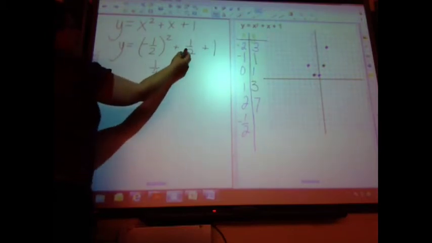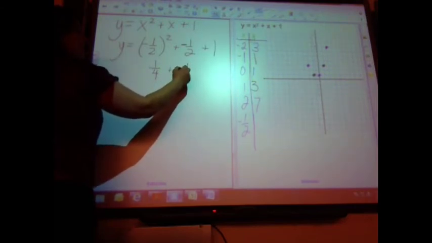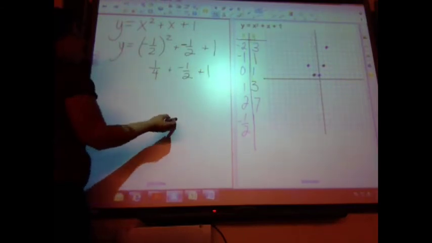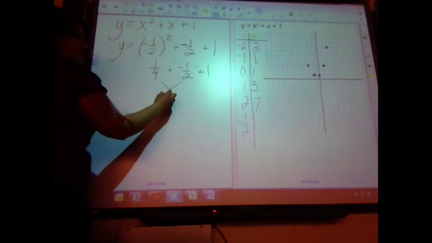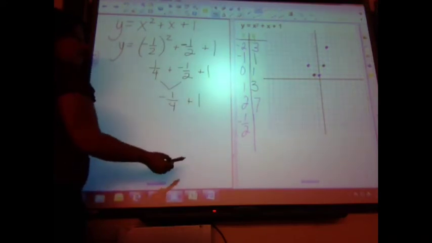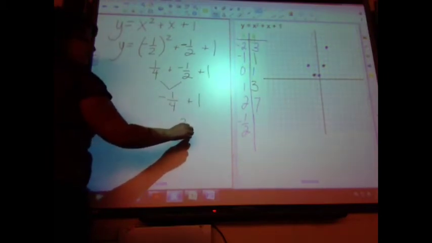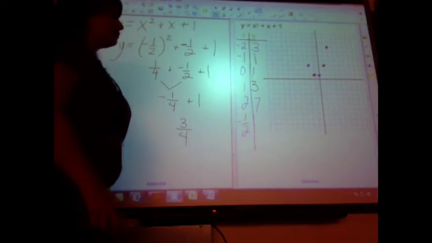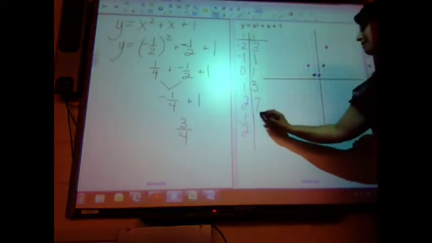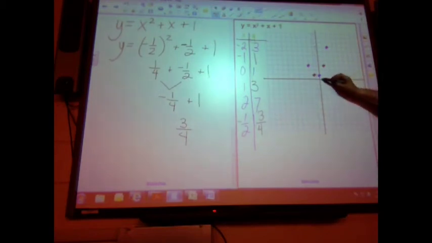Oh, sorry, this is supposed to be negative. So then I have 1/4 plus -1/2. A fourth plus negative a half happens to be negative a fourth. Bring down my plus 1. Negative 1/4 plus 1 is positive 3/4. So when x is negative a half, y is going to be positive 3/4. So I go over negative a half, up positive 3/4.